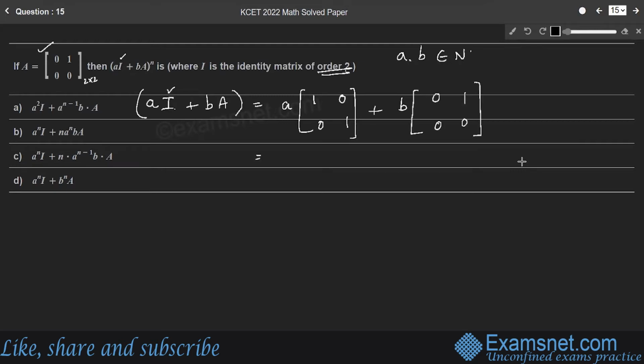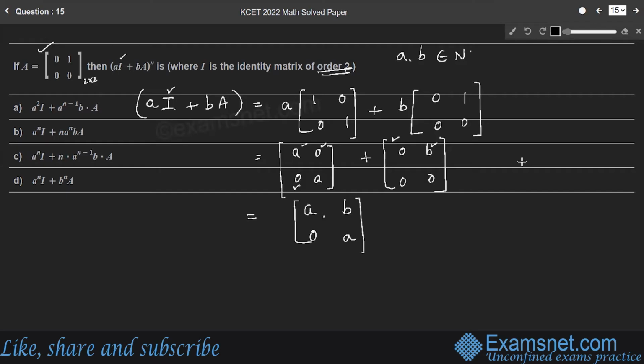So aI becomes a, 0, 0, a, plus bA becomes 0, b, 0, 0. Their sum is a plus 0, which is a, and the second element, 0 plus b is b. In the second row, the first element is 0, and a plus 0 is a. So aI plus bA is a, b, 0, a.